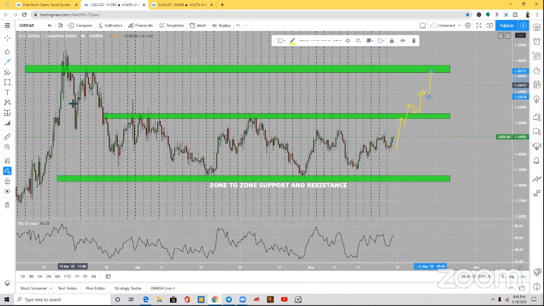As you can see, price always comes back to where it was before. That's why we draw up support and resistance zones, so that we can look to the left and see where price was here, came down, came right back up to this zone, came down, right back up to this zone right here, down, and now it's looking to come back up to this zone.